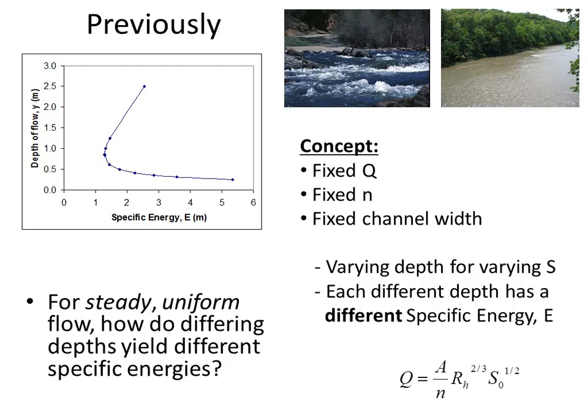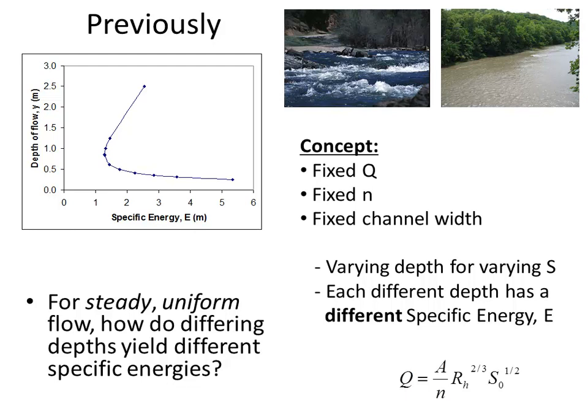We could have a steep slope that gives a shallow depth and fast velocity, or a mild slope that gives a deep depth and a slow velocity. For any certain amount of specific energy, there are two possible flow depths, and those alternate depths represent the same amount of specific energy, but one of them is a subcritical flow and the other is a supercritical flow.